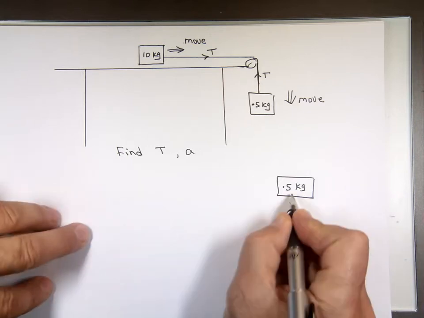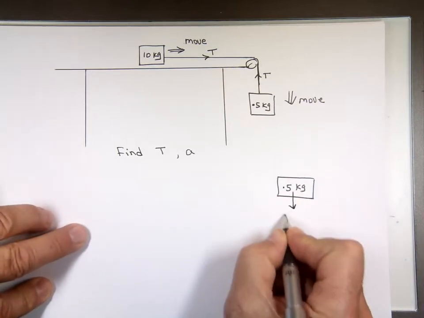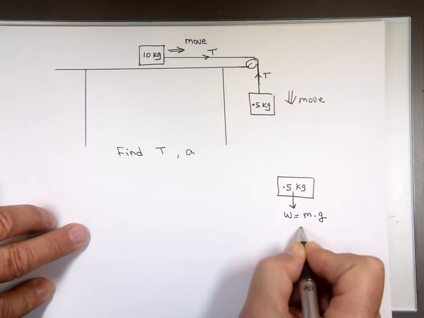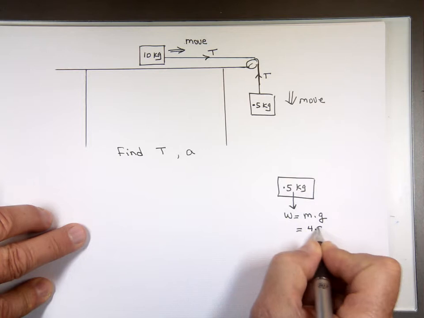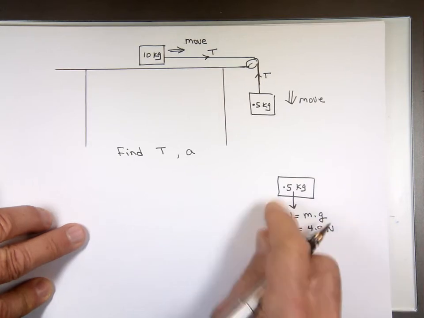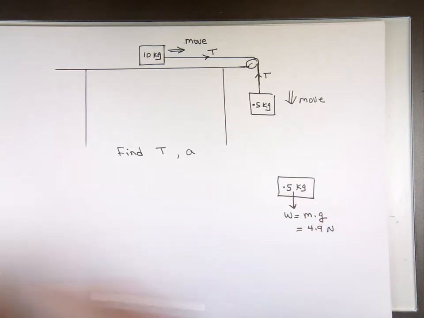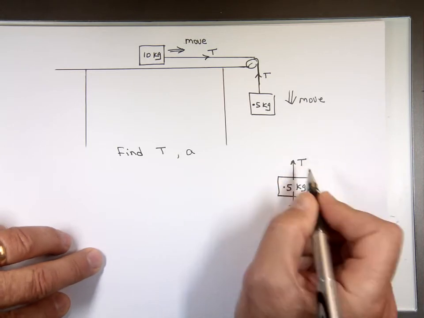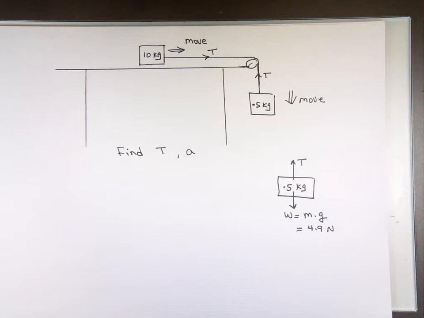The weight down, which is mass times gravity, and that's 4.9 Newton if you do the math: 0.5 times 9.8. What else do we got? We got the tension up. And which way is it moving? This one is moving down.